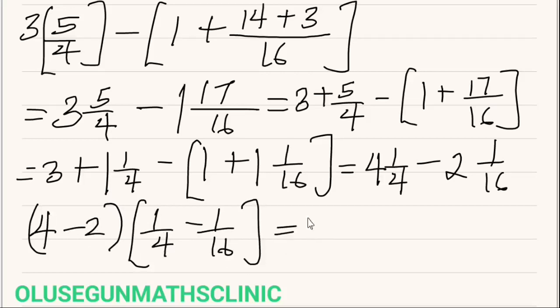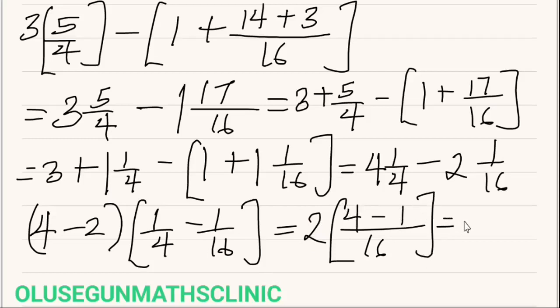So which is 2 whole number. So what is the LCM? 16. So 4 in 4, 4 in 16 we have 4 minus 1. So which we have 2 whole number. This is, we have 2.